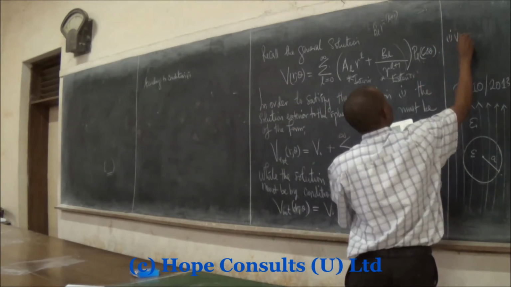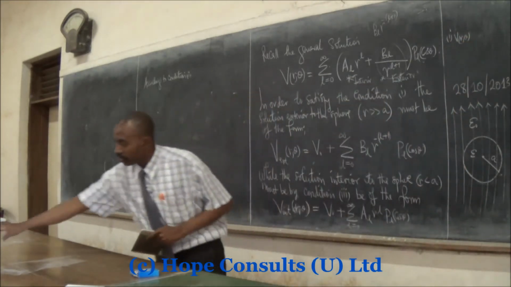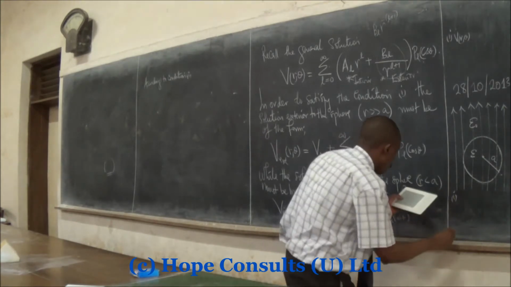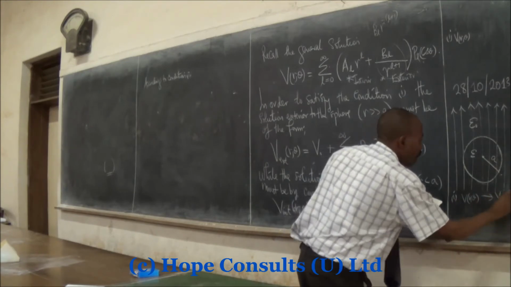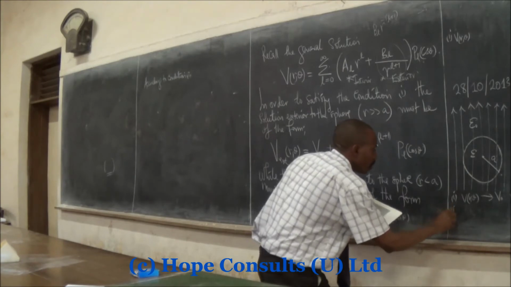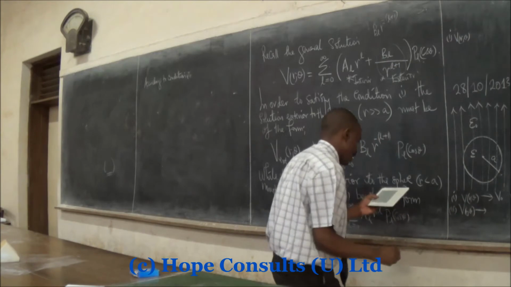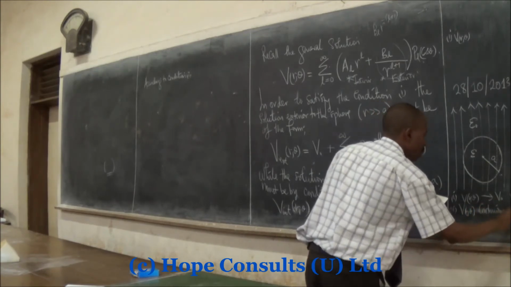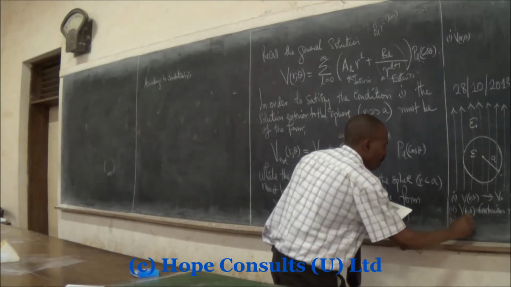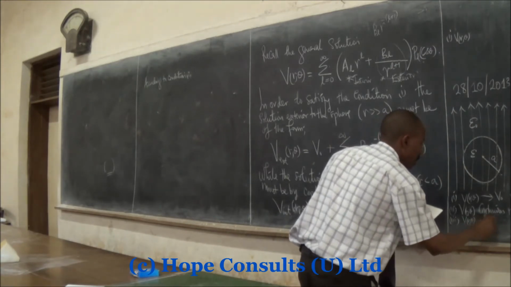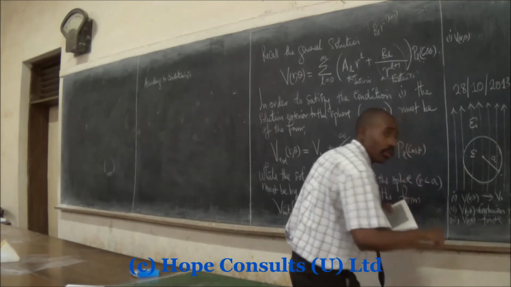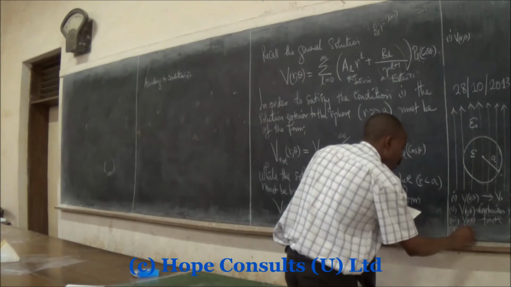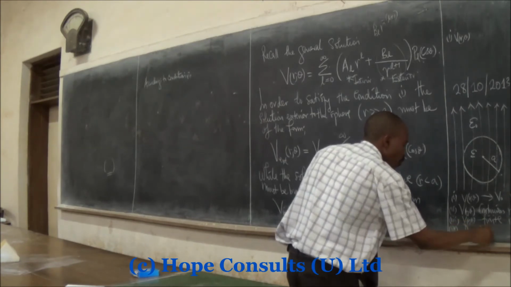Condition 1: V(r, theta) tends to V naught as you move away to positive infinity. 2: V(r, theta) is continuous as we get to the surface. 3: V(r, theta) is finite, a given value at the center or within the sphere. 4: D1n equals D2n, that is continuity of the D.